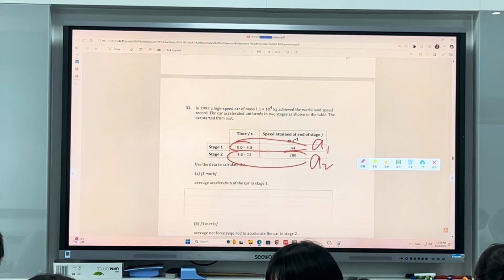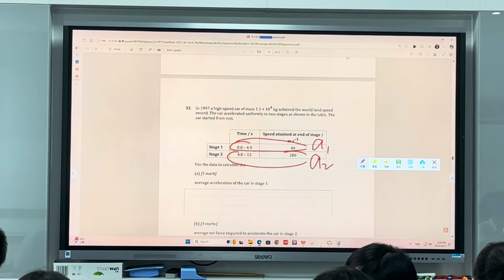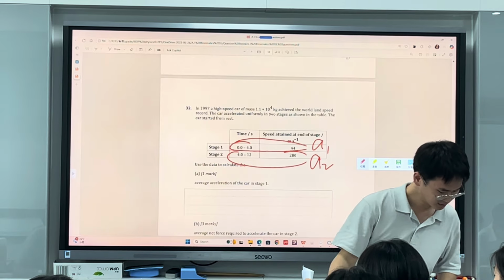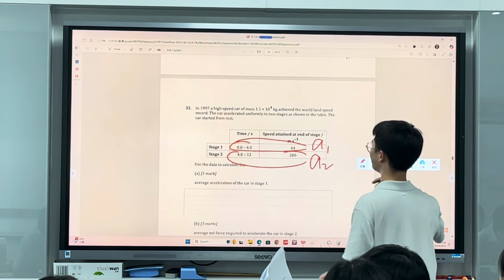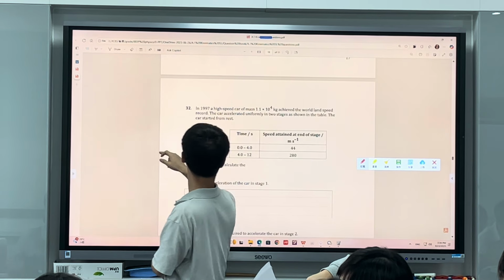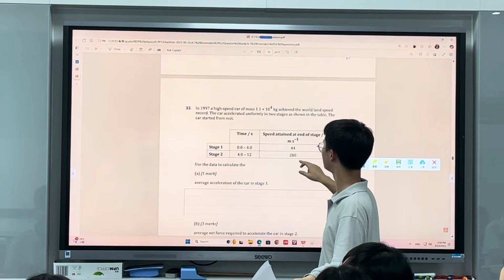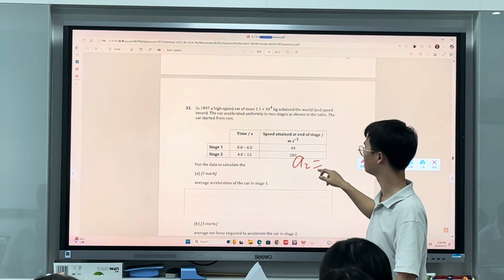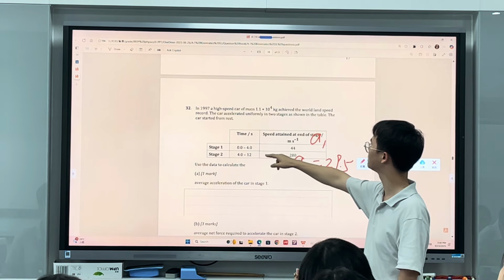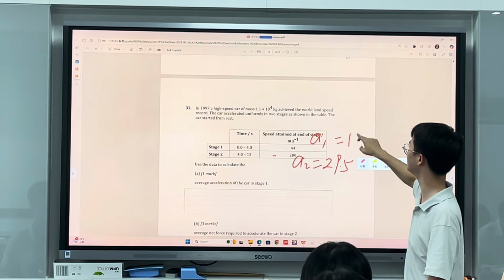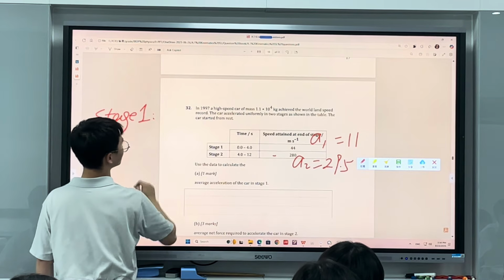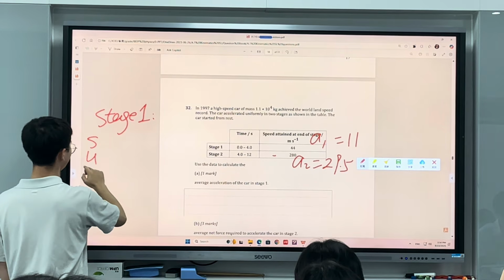你是怎么做的？看不懂。OK，我做一遍吧。So stage 1 的 acceleration 算出来是多少？Stage 2 我们刚算出来是 29.5，对吧？A1 呢？44 除以 4，11，对吧？So for stage 1, we know SUVAT.